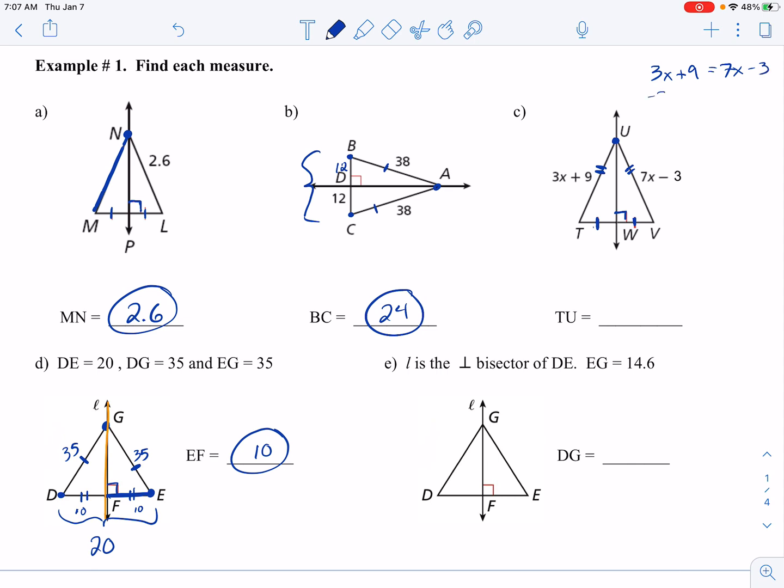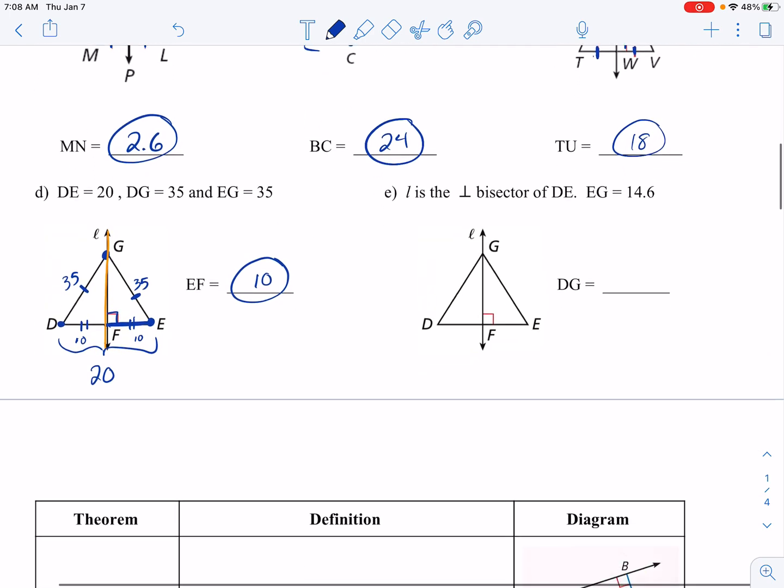Move the 3x over, add your 3 over. We get 12 equals 4x, and we get x equals 3. So then for the length of TU, we plug our 3 in. We get 3 times 3 plus 9, which is 18.